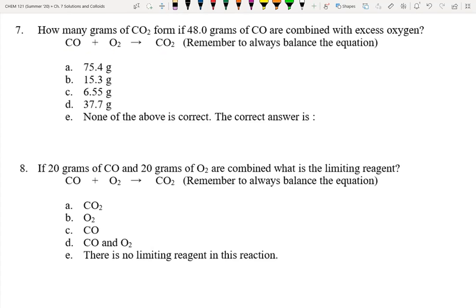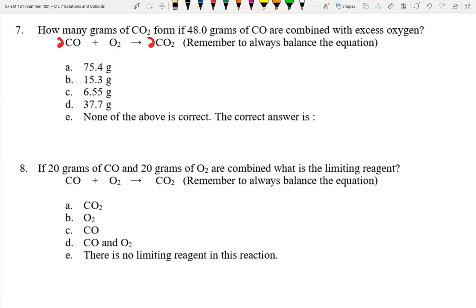Yeah, I would just double the most complicated molecule. So in this case, I'll write 2 in front of the CO here. Now I've got 2 carbons on the left, so I need to put a 2 on the right to get the carbons balanced again. And now between this and this, I've got 4 oxygens. And what do you know, I've got 4 oxygens over there. So it looks like it's balanced now.